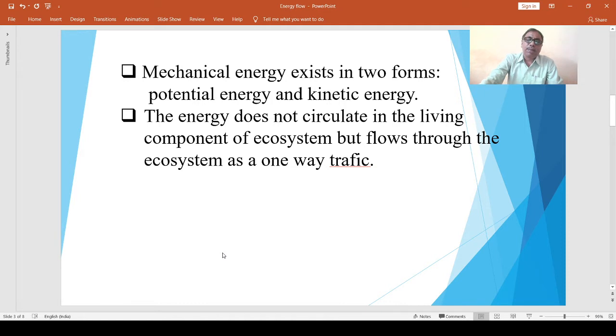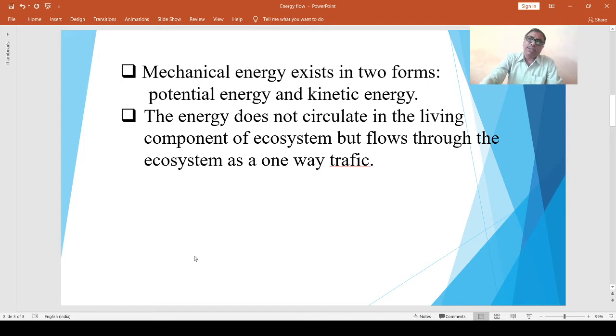Thus, green plants transform a part of solar energy into food or chemical energy to develop their tissues, and it is stored in the producers at the bottom of a trophic level, and it is T1. T1 means trophic level 1.